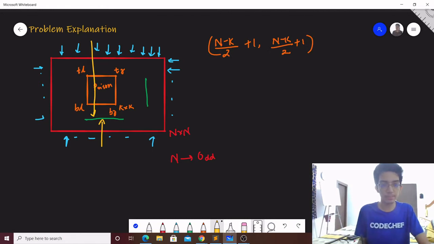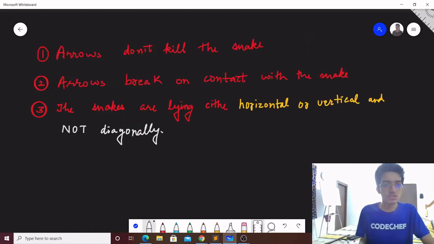That is, it won't pass through the snake and it won't kill the snake. So there are three important things to consider. The arrows don't kill the snake. Arrows break on contact with the snake.